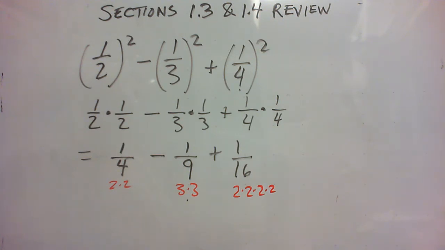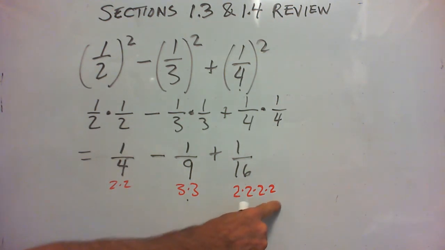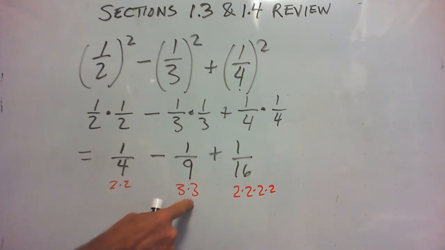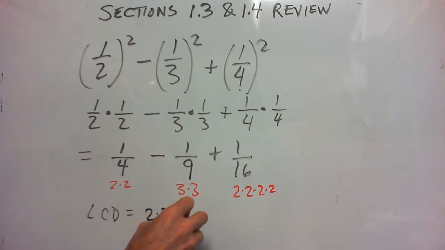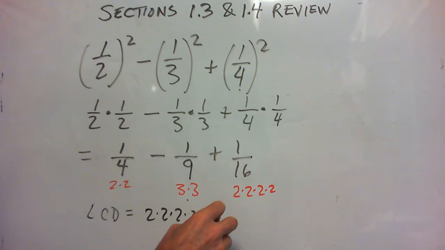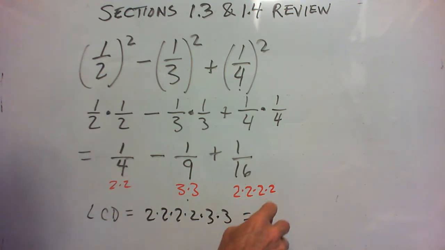So our least common denominator has to have at least 4 factors of 2, but it also needs the 2 factors of 3. Well, that ends up being 9 times 16, which is 144. So that's your least common denominator.